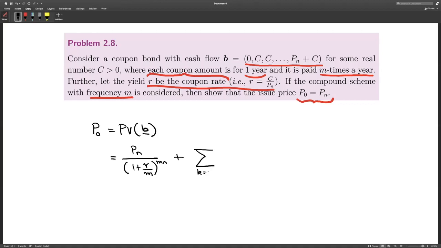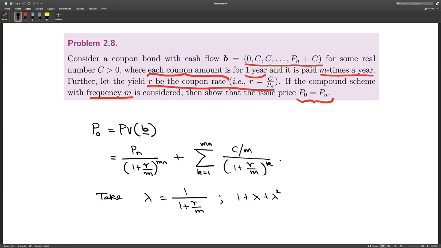The sum from K equal to 1 to MN of C by M divided by (1 plus R by M) to the power of K. Now what you do is take lambda equal to 1 by (1 plus R by M) and use the elementary formula: 1 plus lambda plus lambda square up to lambda to the power of j is equal to (1 minus lambda to the power of j plus 1) divided by (1 minus lambda).